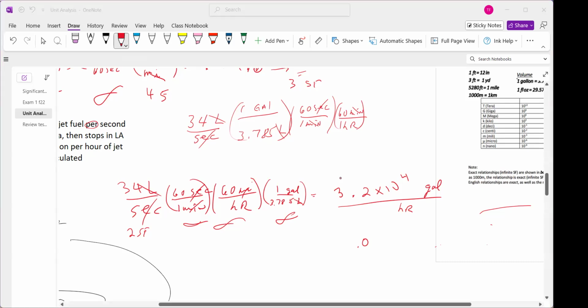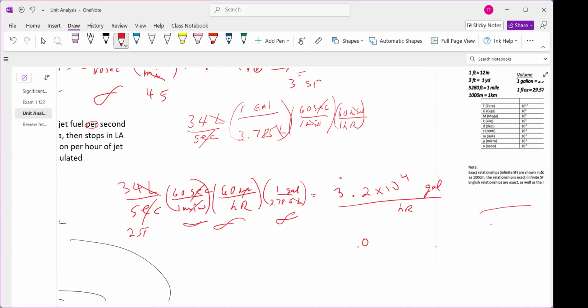I have one more question. If it's like 60, should that have significant figures or not? It's always a smaller number. So again, it wouldn't matter if you had done 1 gallon over 3.785 liters first, before the second conversions, right?